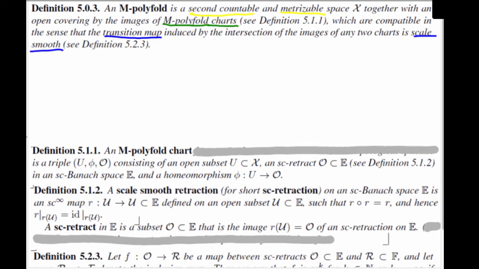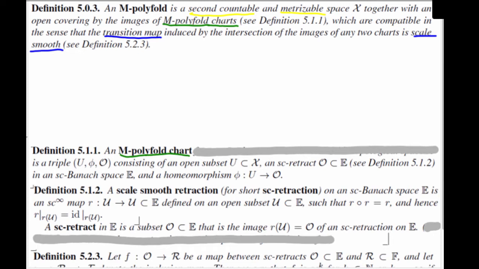So, charts. So let's see. We want open sets in our polyfold, M-polyfold. I might forget the M, right? So today, every time I say polyfold, there should be an M before, because we're not doing groupoids. So I want open subsets covered by some local models.